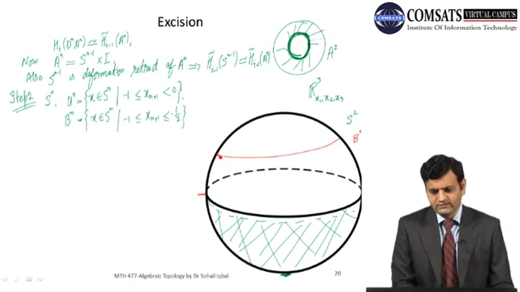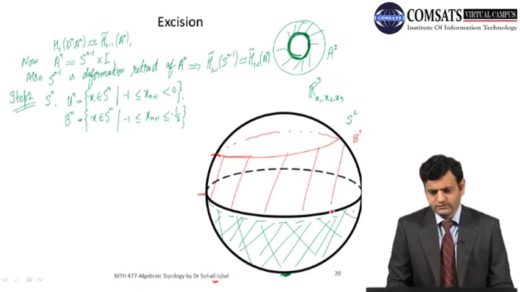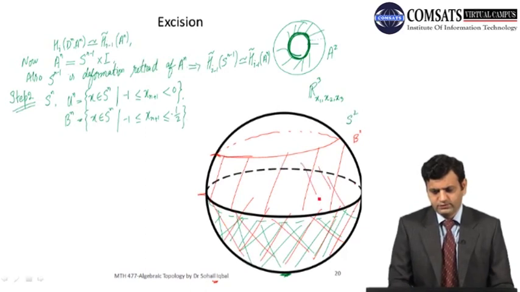The intersection of this sphere with the plane z equals 1/2 is this circle, and every point of the sphere which lies between this plane and the plane z equals minus 1 is included. So in other words, it's this whole region. Okay, so this is basically our B2 in the case of S2. And so these are the two sets.